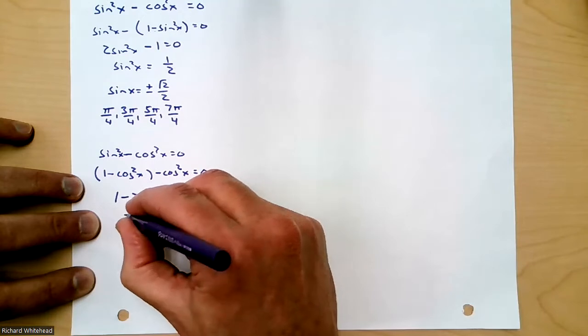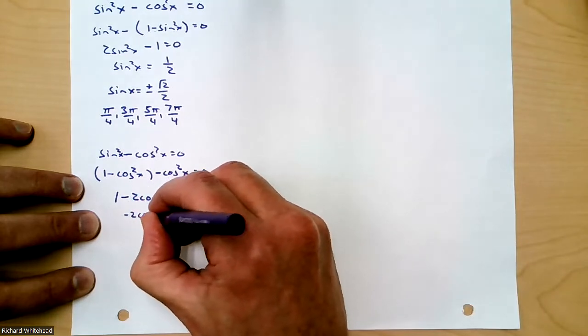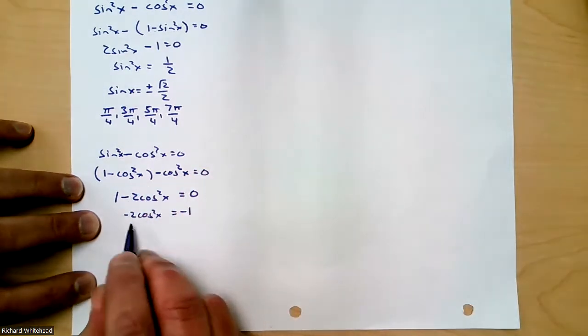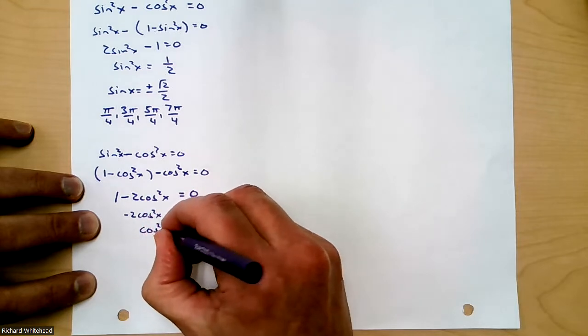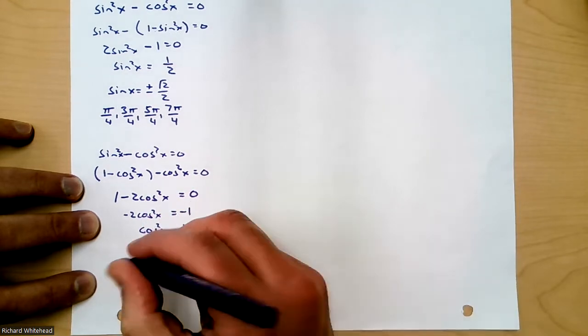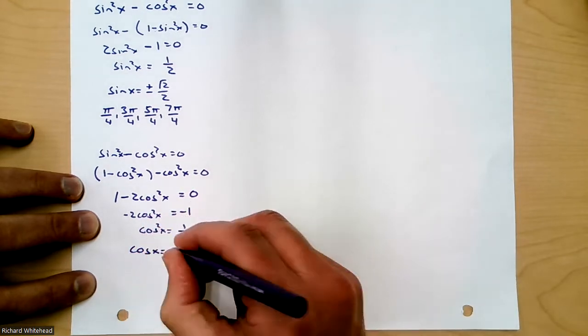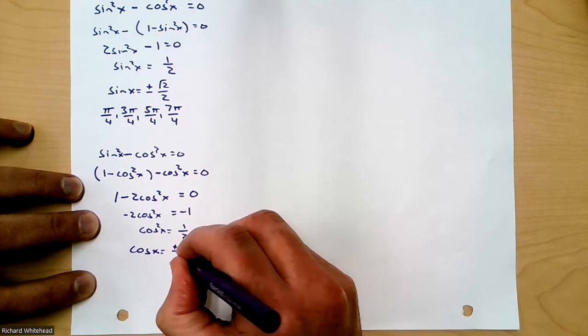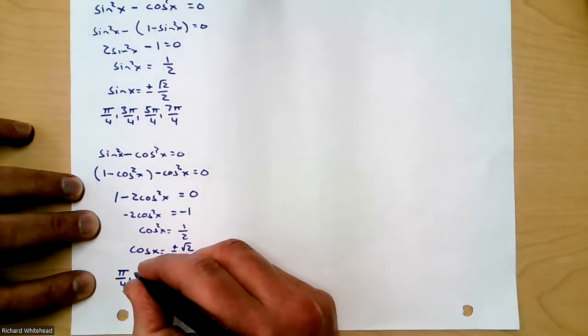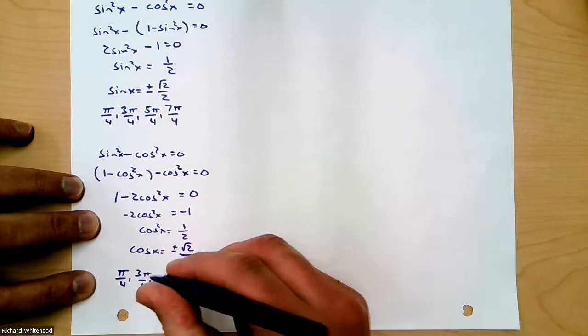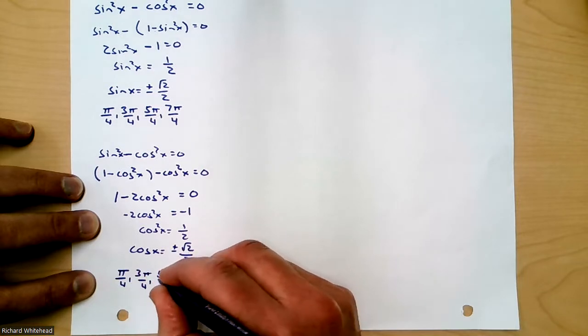So let me see, -2 cosine square, because I got these negatives and I'm more likely to make a mistake with negatives. If I divide both sides by the negative, I get cosine equals plus or minus the square root of 2 over 2. Oh yeah, it's the same thing. So you could have substituted for either one.